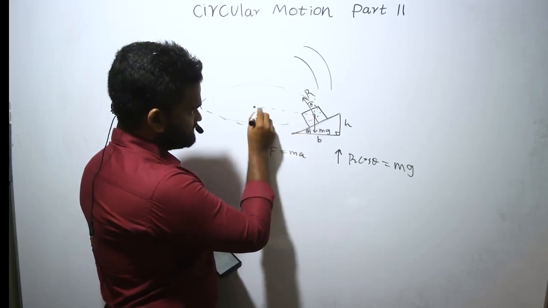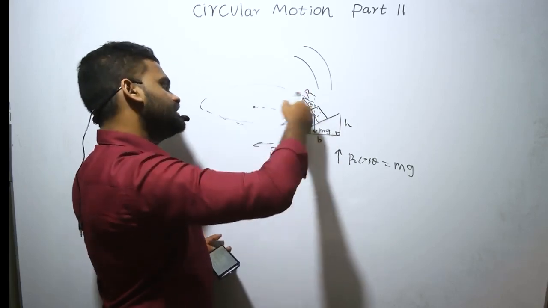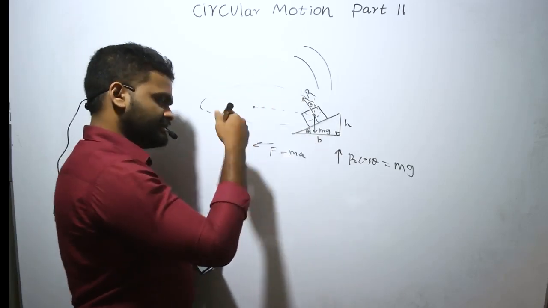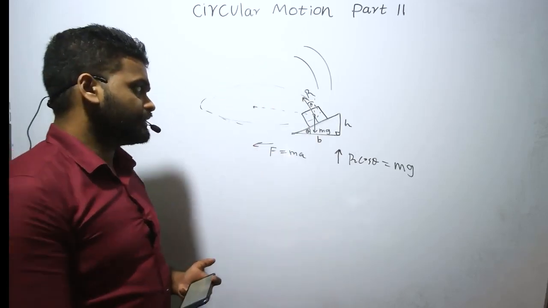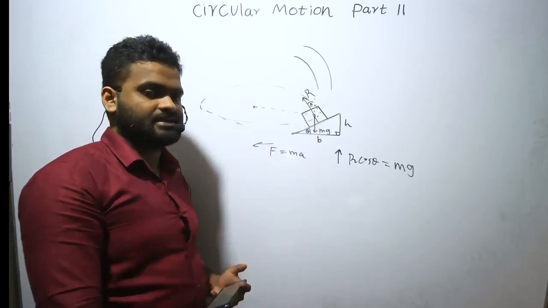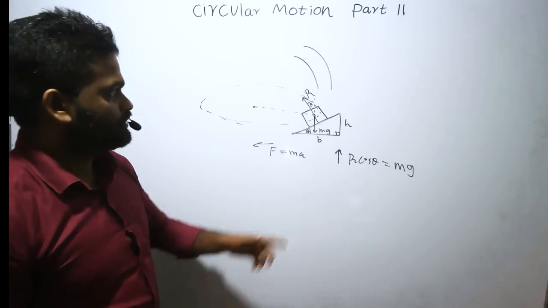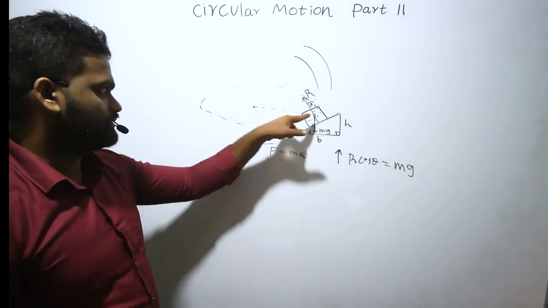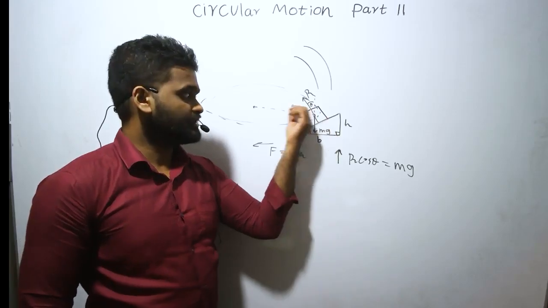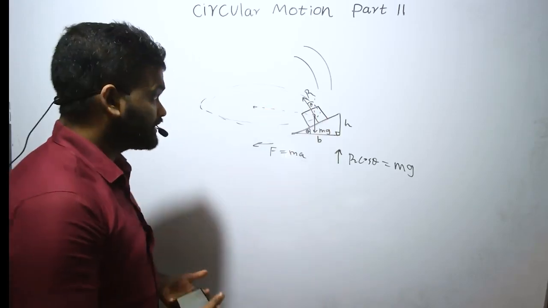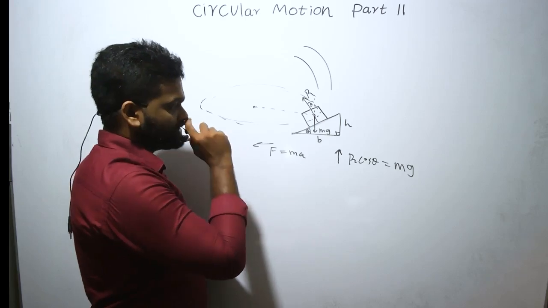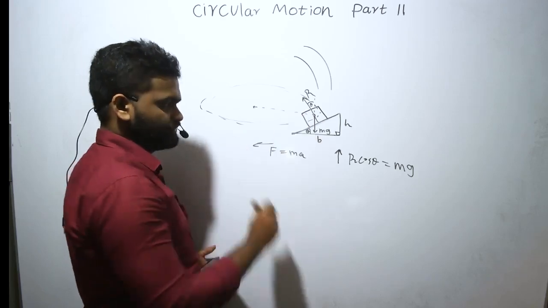Remember, center is here. It is in a horizontal circle like this. You always have to apply the equation towards the center. Then the question gets easier, because you know the equation to write the acceleration towards the center. Okay, here, what does create this centripetal force?